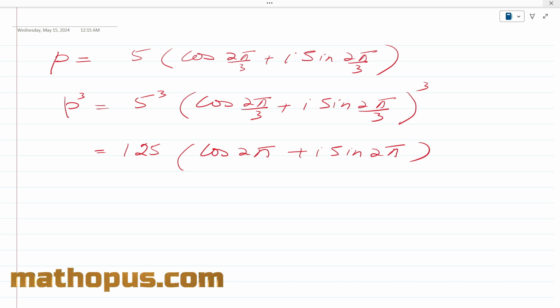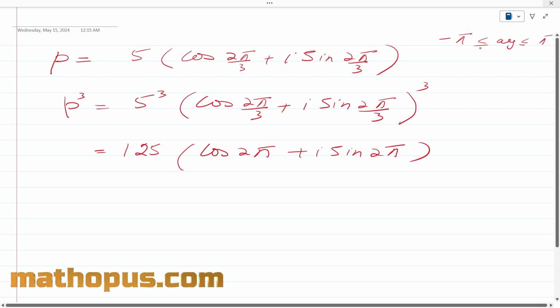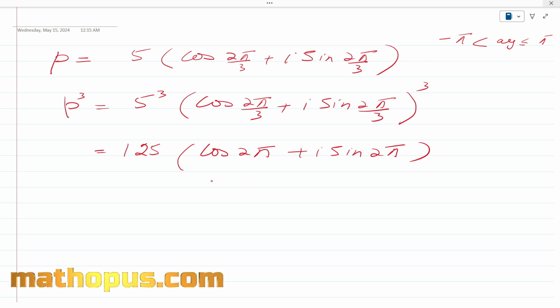Now after writing the angle, you have to go back and see the range of the argument. We know the range for the argument is always from minus pi to pi. As this angle is not inside the range, what we will do is subtract 2 pi from it if it is greater than pi, or add 2 pi to it if it is less than minus pi.